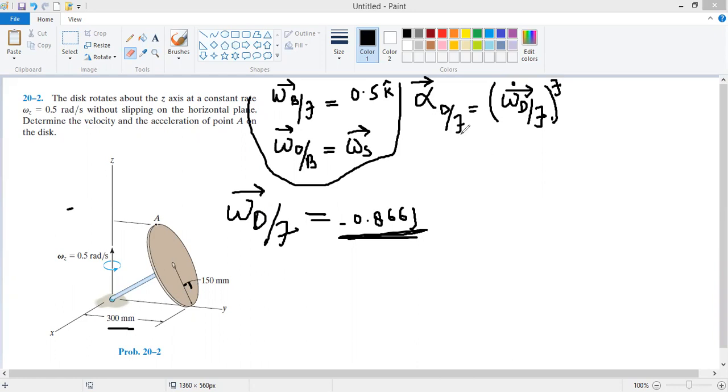Using the theorem for the derivative of a vector in two different frames of reference, we are having two frames of reference, the ground frame of reference and what we call the bar frame of reference.